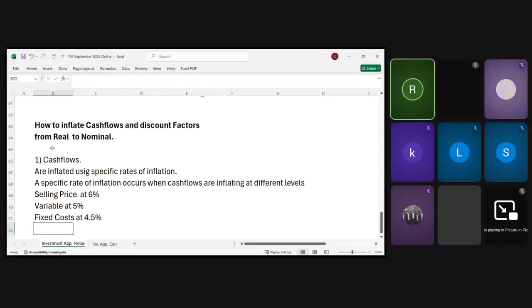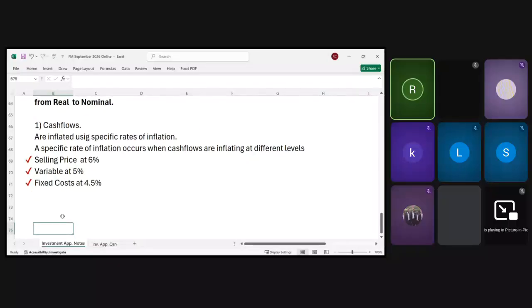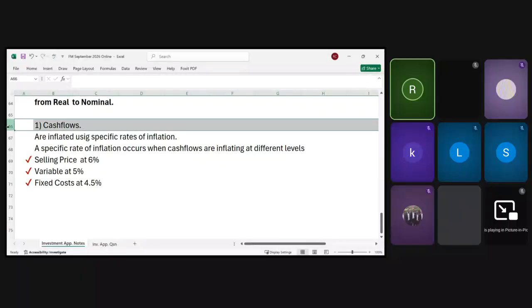It means that if you check our fixed cost, variable cost, selling price, we have different rates of inflation, so we call them specific. So to inflate our selling price we inflate it at 6%, the variable cost at 5%, fixed cost at 4.5%. This is what we call specific rates of inflation.